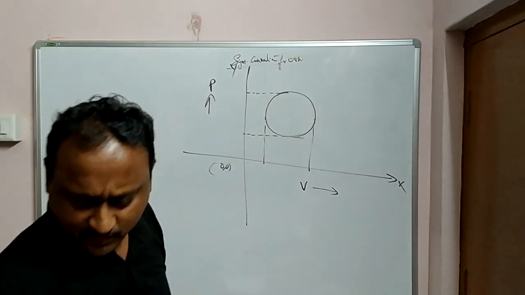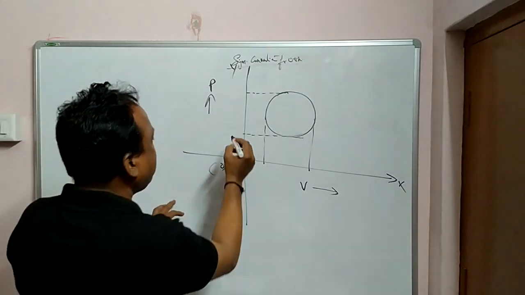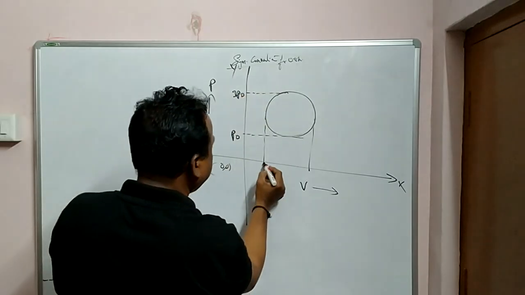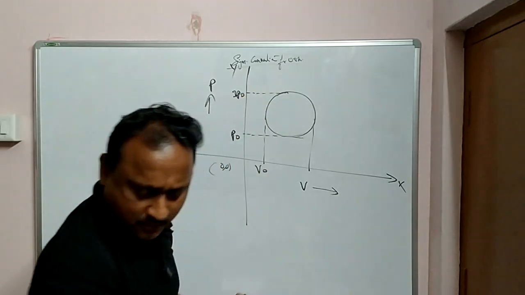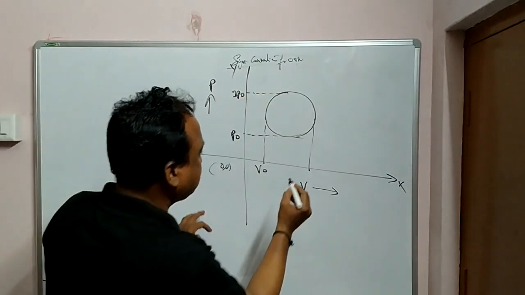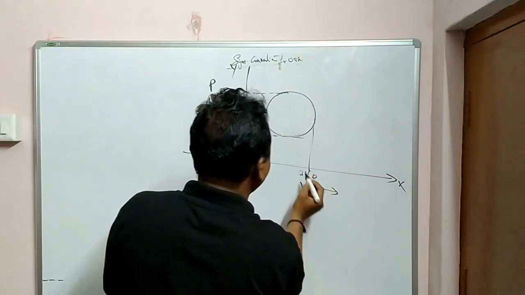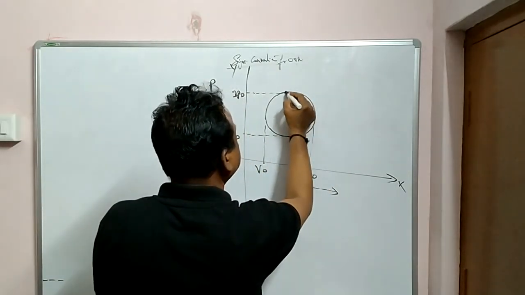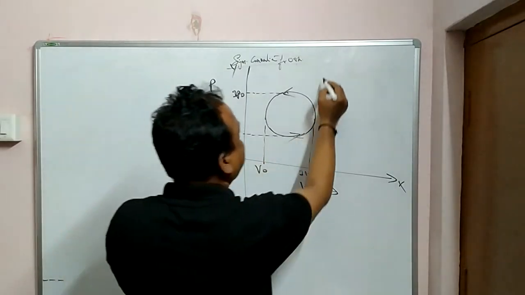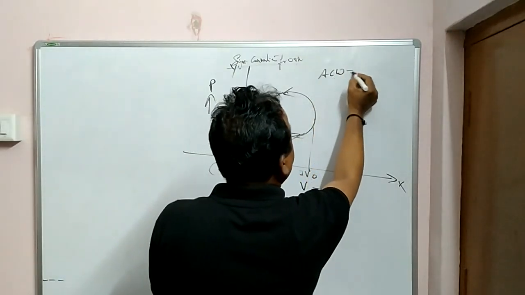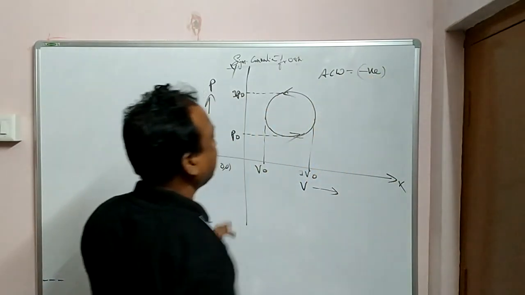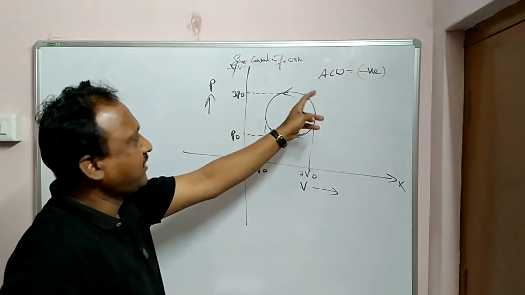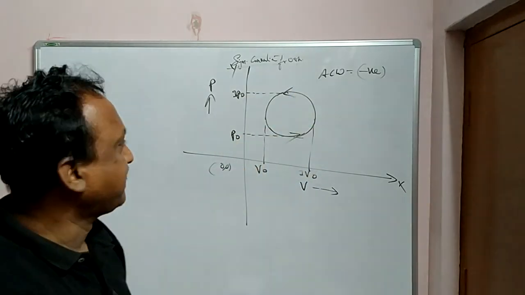He has given values on the y-axis as P0, 3P0, and on the x-axis V0, 3V0. You can see the cyclic process is going anti-clockwise. So what should we take for anti-clockwise? Negative, because I told you earlier in the sign convention that clockwise is positive.